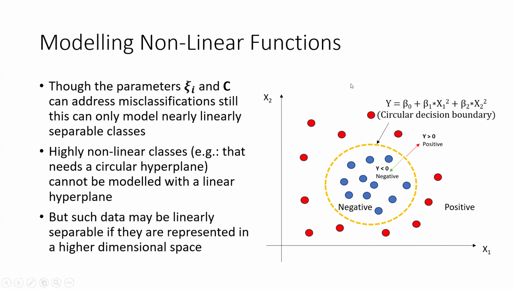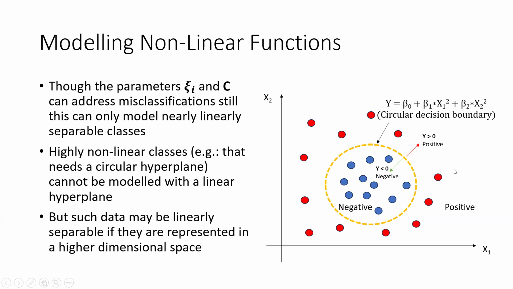That means you can't use a straight line, and it would not be possible to classify these two classes in any manner, because this is actually not a linearly separable case. Even with any amount of slack variable values or with C tuning, you can't do it, because this is basically not a linearly separable case, right?